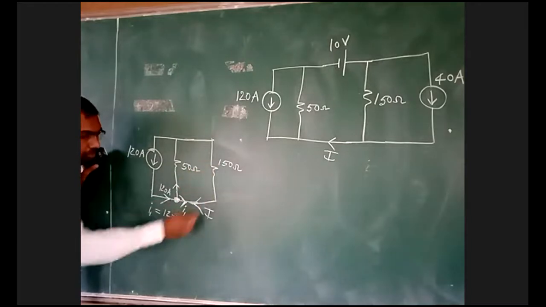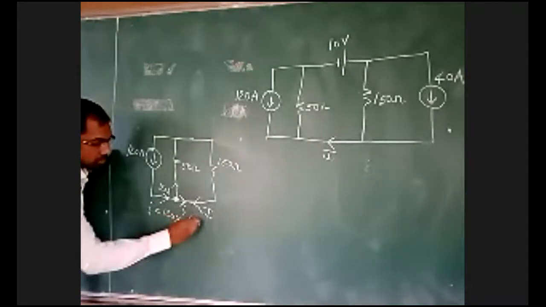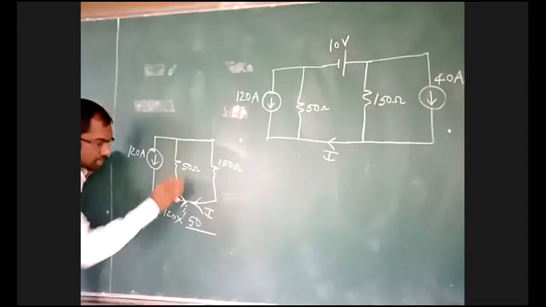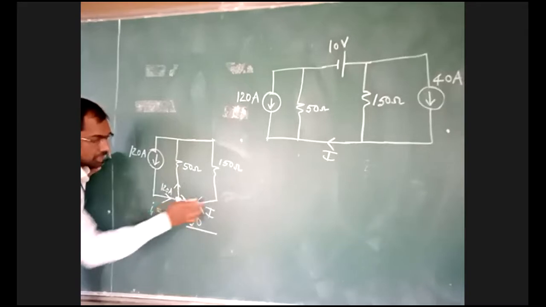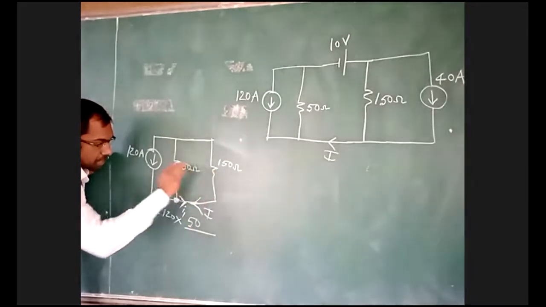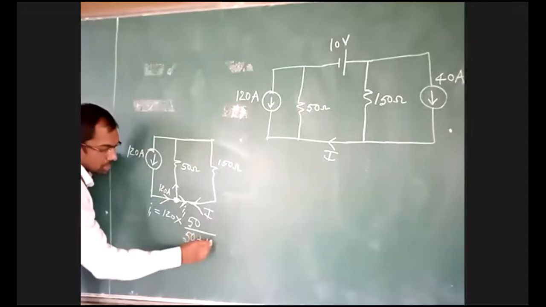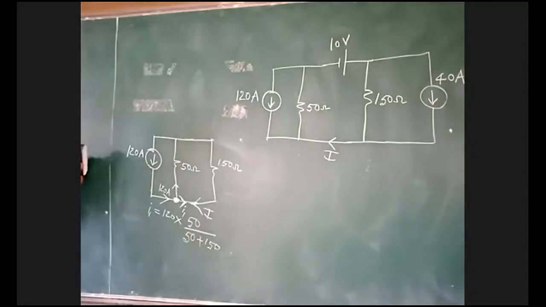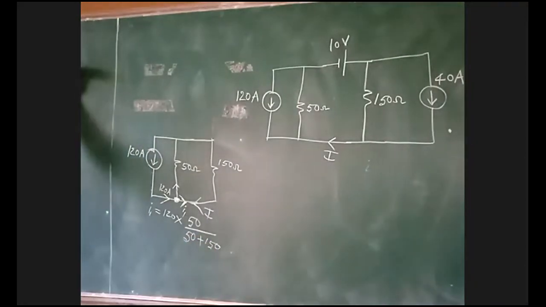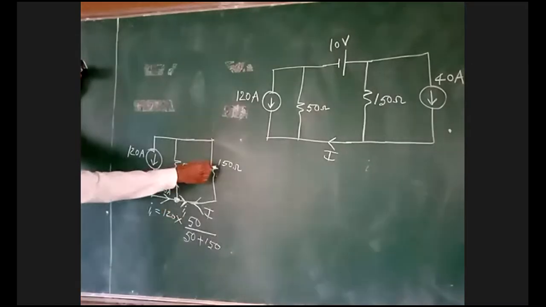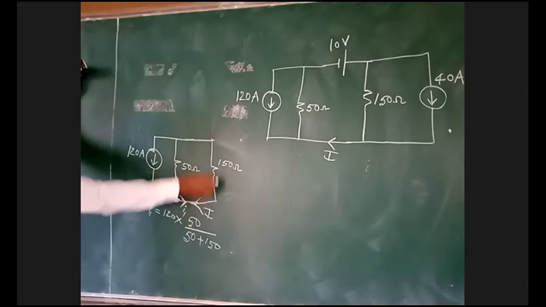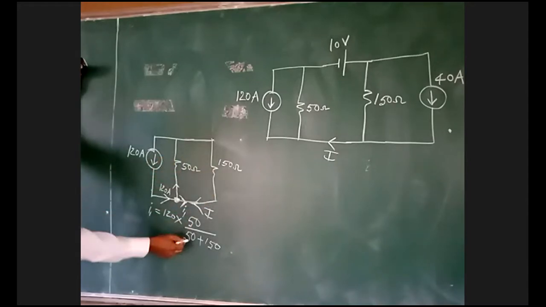I1 is flowing in 150, so the opposite branch resistance is 50, divided by the total resistance of the parallel branches. The current in this branch, I1, is equal to the opposite branch resistance by the total resistance of these two parallel branches.